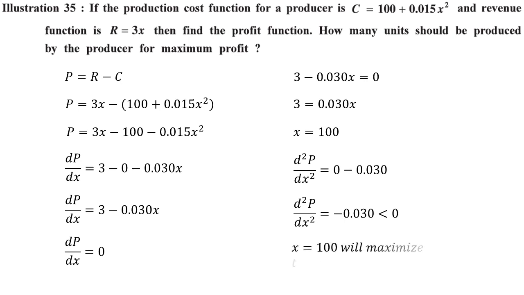So x is equal to 100 will maximize the profit function. Now the question was not asking for calculating the maximum profit, so we are not going to do that. What we are going to do is end this sum with this answer, that when we produce or when we sell 100 units, our profit will be maximum.